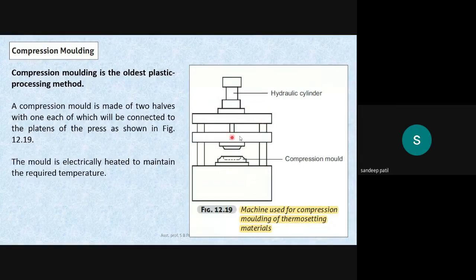The pressure is applied by the hydraulic cylinder, that is, compressive forces or compressive stresses are applied by this hydraulic cylinder. The polymer material is situated here, then it gets compressed, and then we get the output. While it is getting compressed, it is also getting heated.